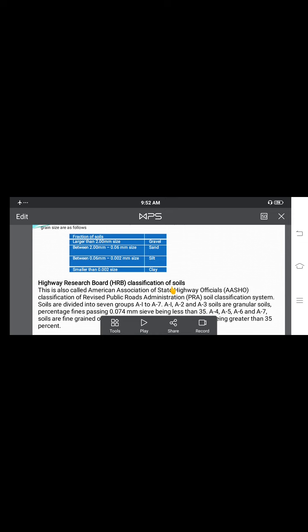So soil particles whose size is less than 0.002 mm are called clay, between 0.002 and 0.06 mm is silt, between 0.06 and 2 mm is sand, and above 2 mm it is gravel.